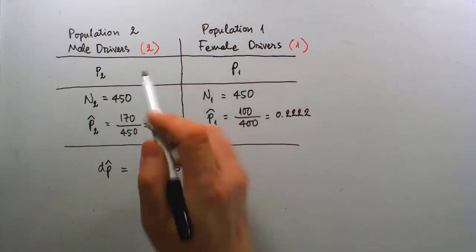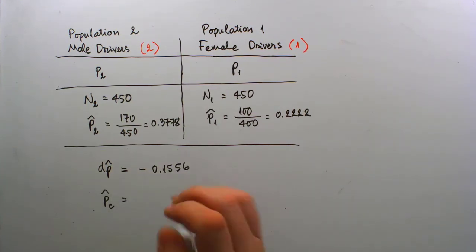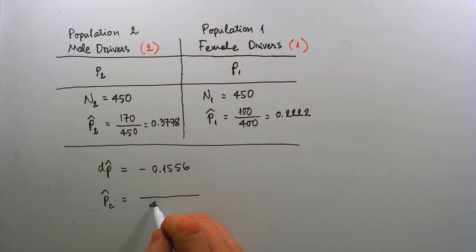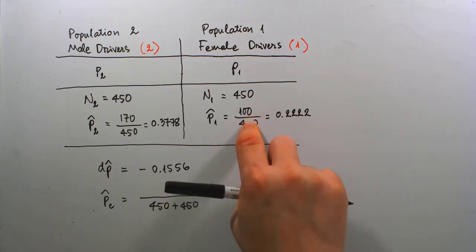Switching the labeling convention will not change our P hat C value, because the P hat C value simply comes out by totaling the two sample sizes. And I actually noticed a written error of mine from earlier.